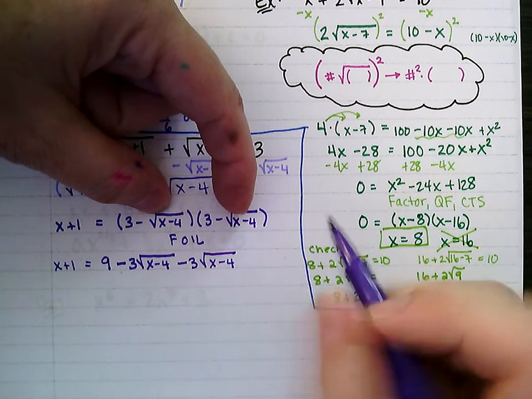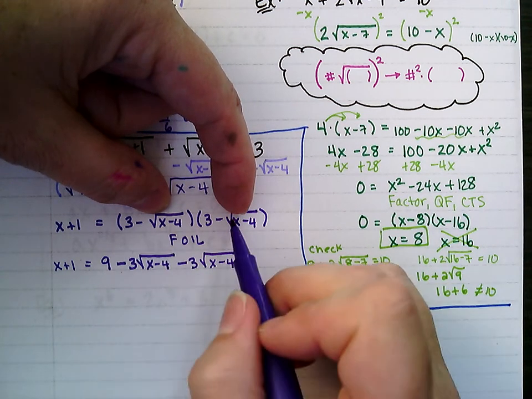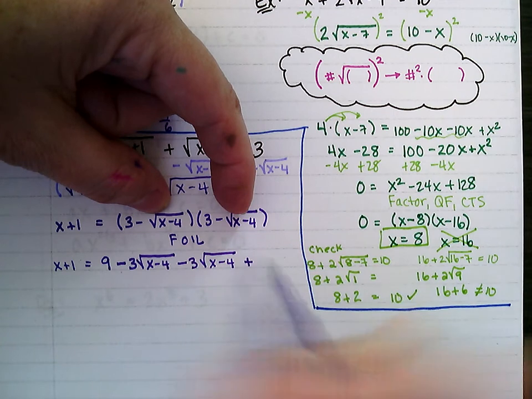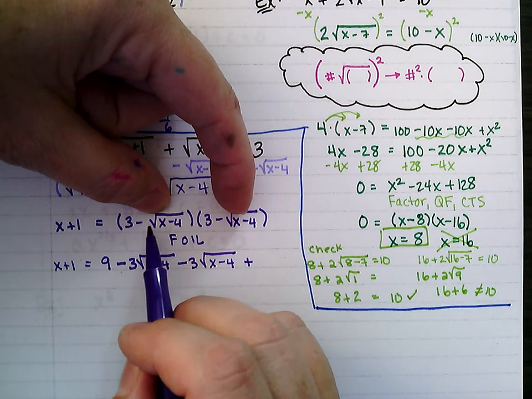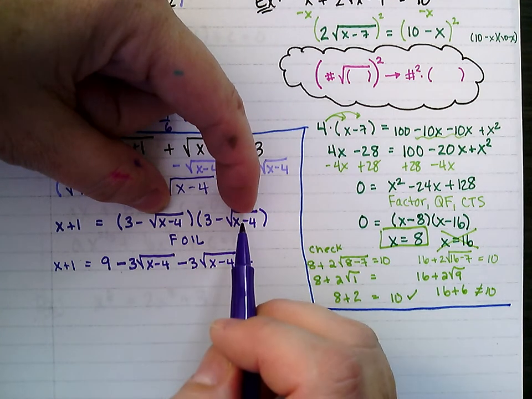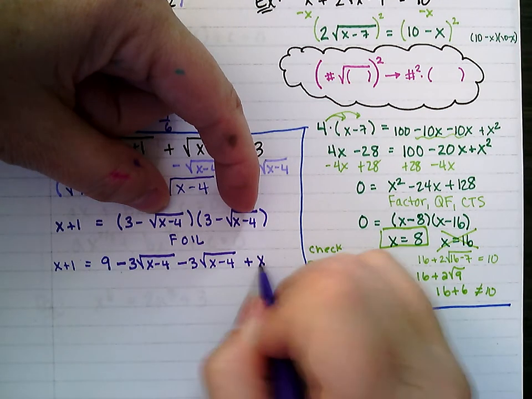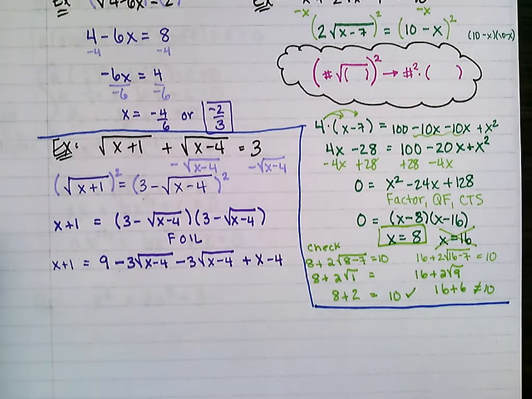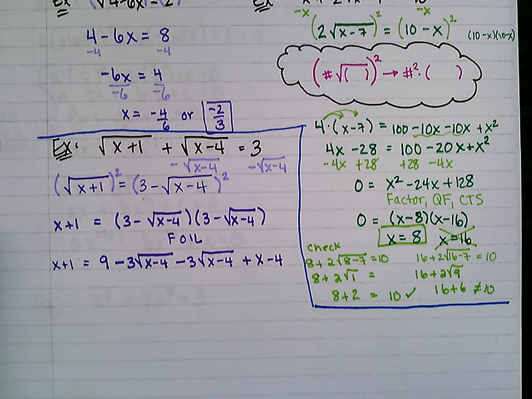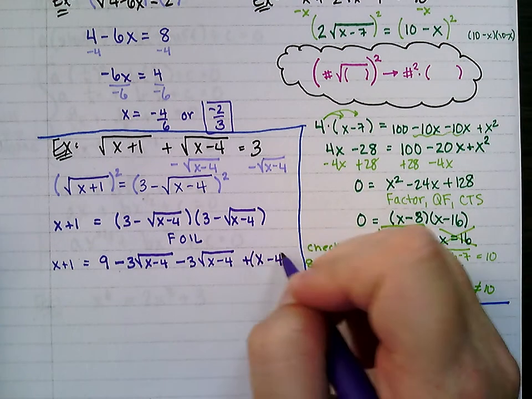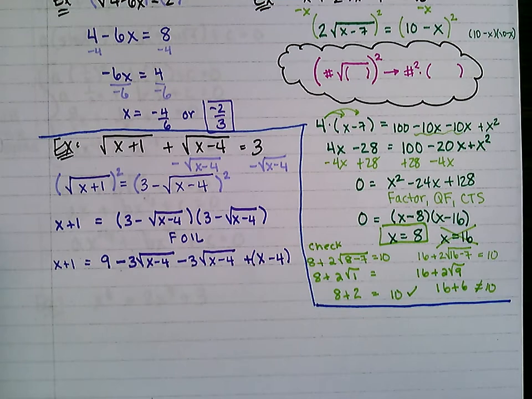And then last times last, we have a negative number times a negative number, which makes a positive number. And then I'm taking square root of x minus 4 times square root of x minus 4. That's the same thing as squaring it. So what that's going to do is take the radical off. And I'm left with plus x plus 4 without any radical. Now let's get on combining like terms.